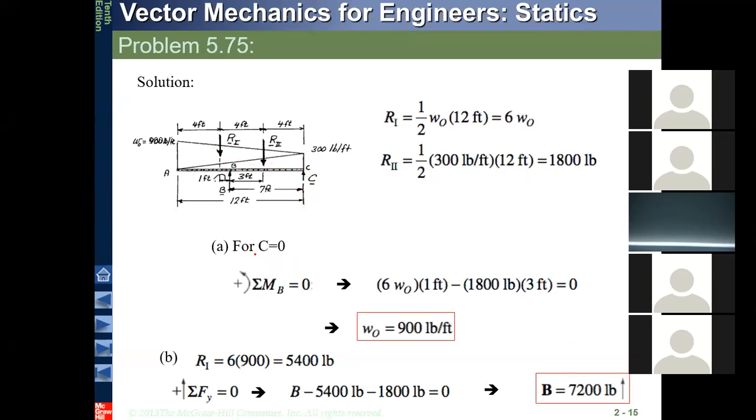Now that you have the resultant force, you have to calculate the distance of these equivalent resultant forces. So this is a triangle. So the distance from point A for the top triangle is going to be 1/3 of the height.